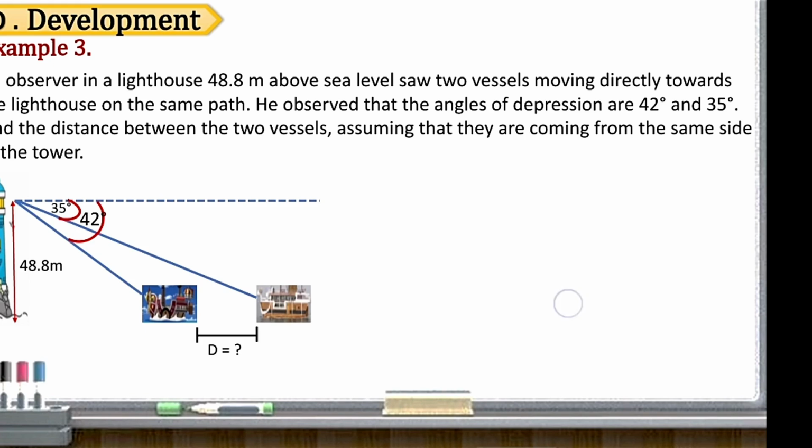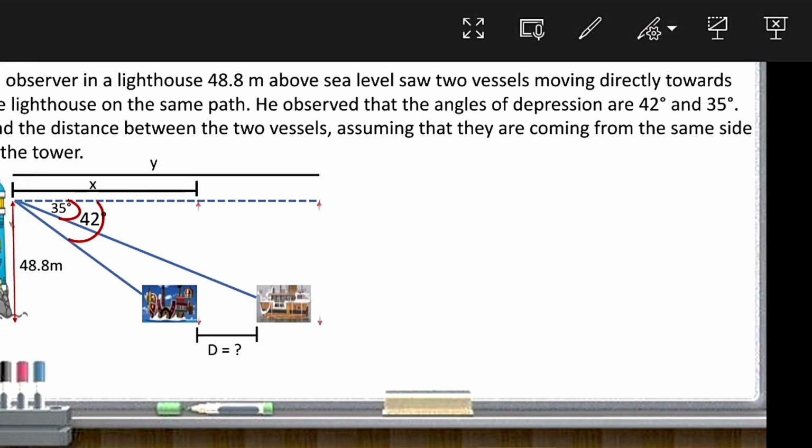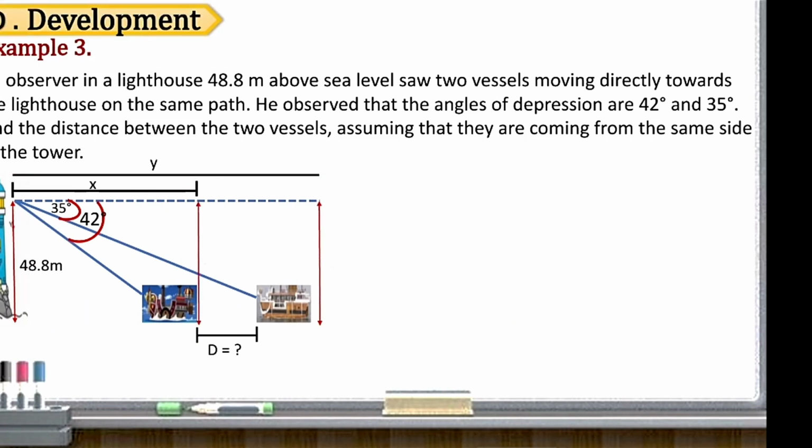Gagawin muna natin silang x and y respectively. At para makabuo tayo class ng hugis triangle, kukunin lang natin dito yung 48.8 meters. So ilalagay natin class dito at dito. So lalagyan natin yan ng 48.8 meters. So meron na tayo class na buo na triangle.